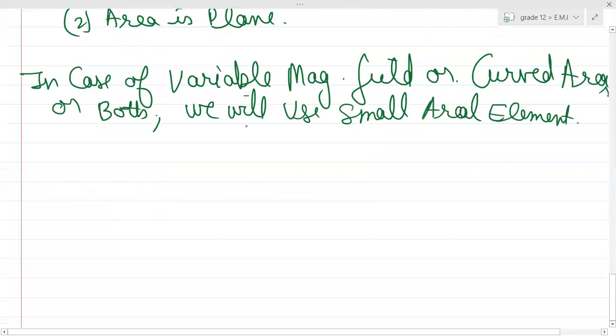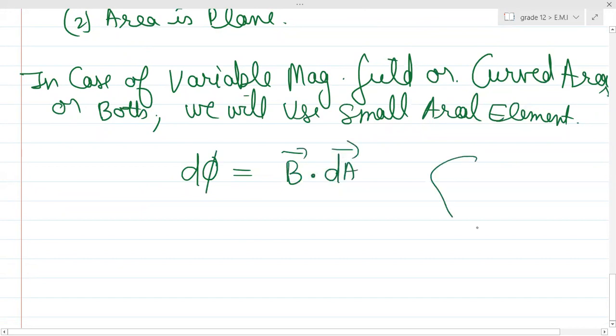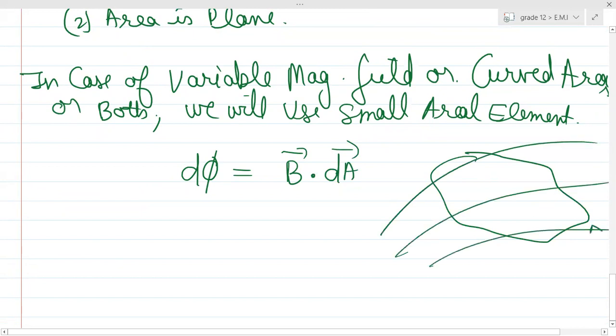So basically, the small flux will be equal to B dot dA. For example, suppose you have a surface like this and a magnetic field going like this. You will choose a small area element dA, and the dA vector will be going like this, and this will be theta.